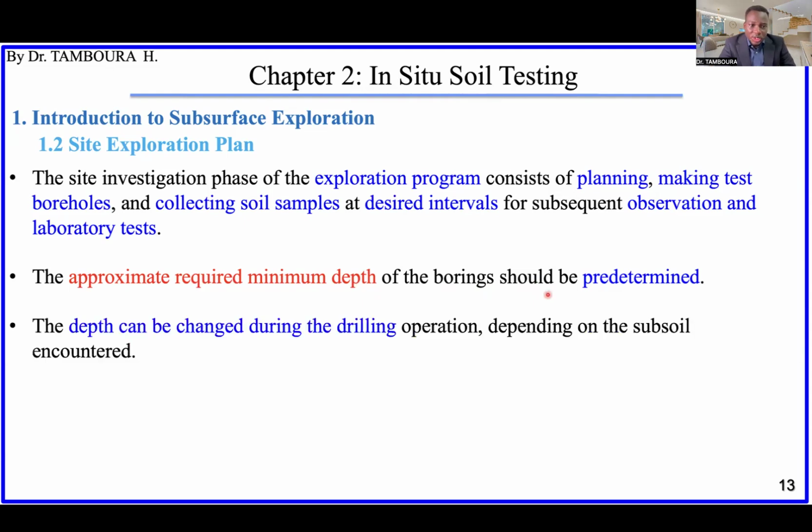Okay, the depths can be changed during the work, the drilling operation, depending on the subsoil you have. Okay, at the beginning you may plan something, but once you arrive on the site, you will notice that here it is difficult, because the preliminary plan you will make first is based on the type of the building.